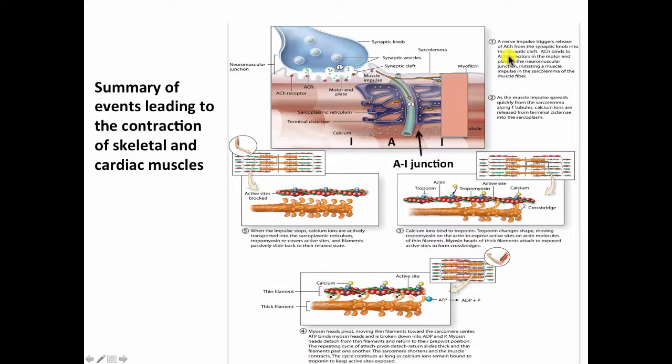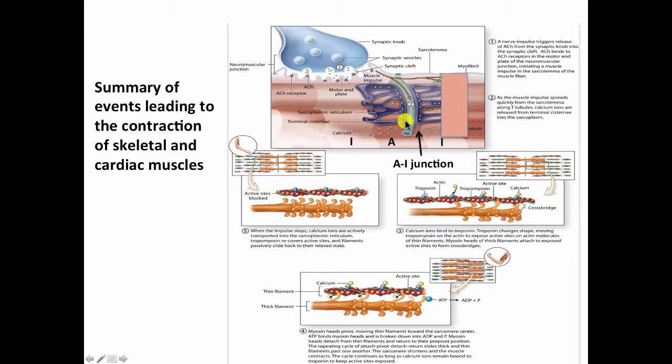So now let's go up to number 1 here and remind you that when a nerve impulse arrives in a muscle fiber, that nerve impulse is transmitted down the sarcolemma or plasma membrane and then enters the muscle fiber and surrounds each muscle fibril within the fiber, forming these T tubules, which are just extensions of the sarcolemma.